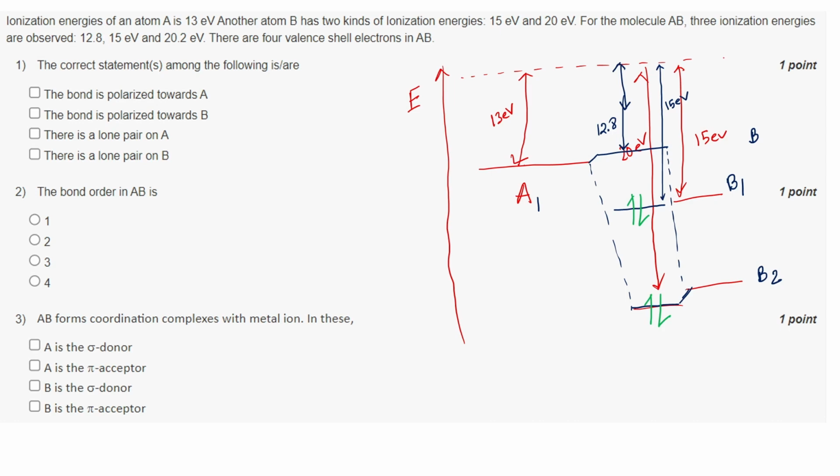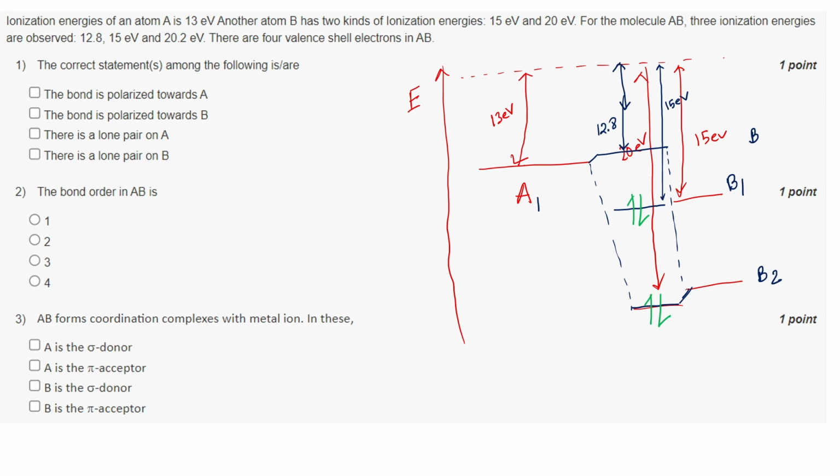So based on that, you can also say that by the energy, B1 is non-bonding. So you can get the idea of where your lone pair is. Now you know how to calculate the bond order, that is bonding electrons minus anti-bonding electrons. So there is no role of non-bonding. Then the third question is, if AB forms a coordination complex with a metal, then what will happen?